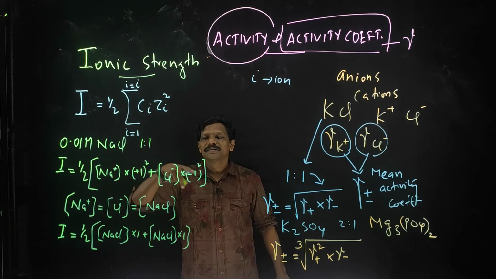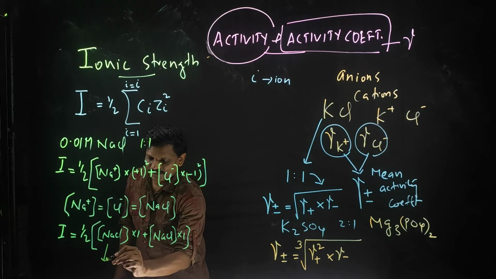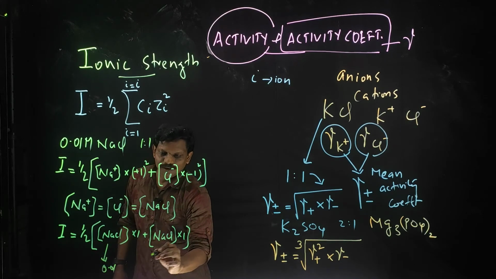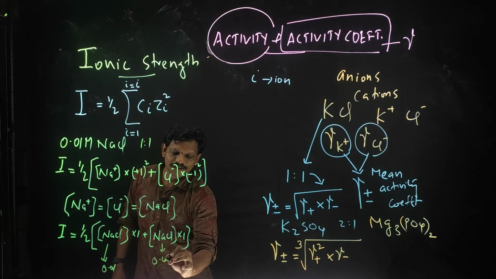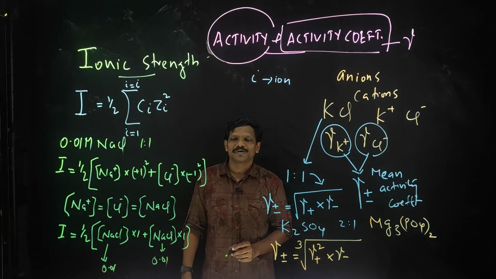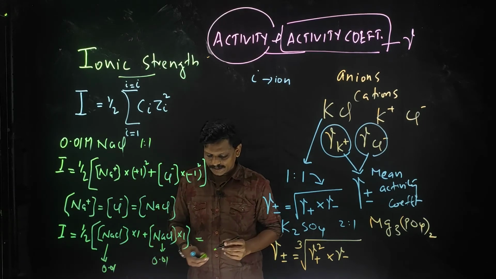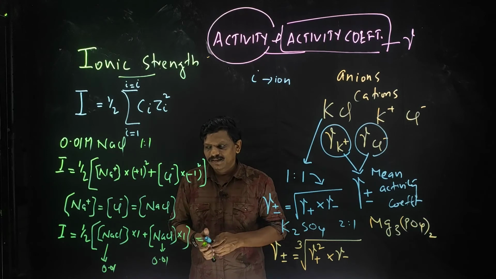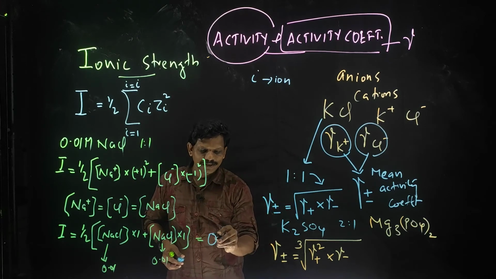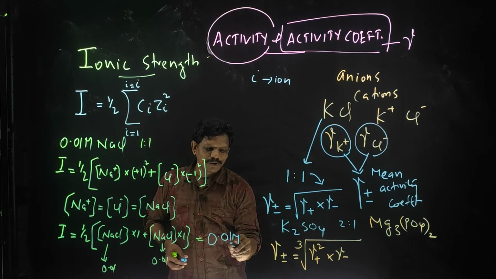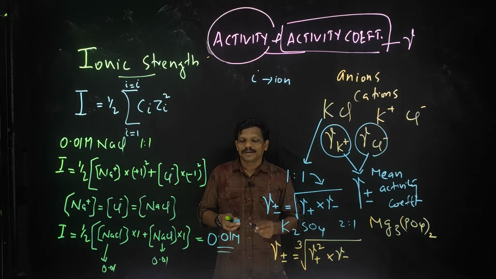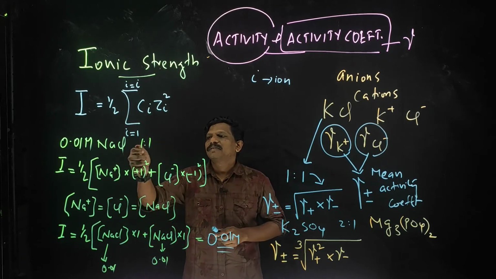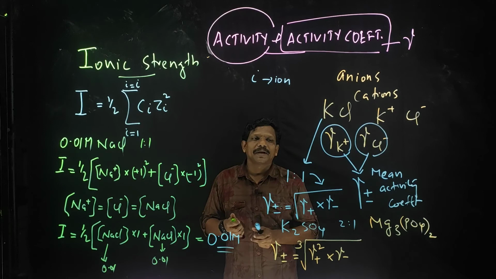That is 0.01, and this is also 0.01 molar. So finally you will get 0.01 molar. This is the method to find out the ionic strength.